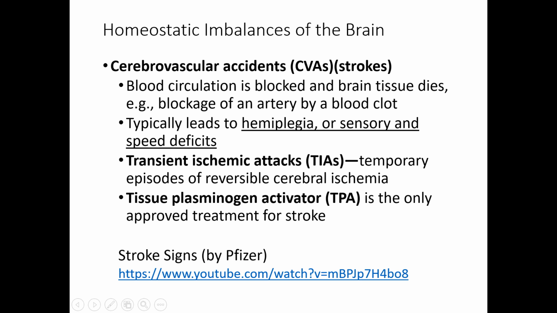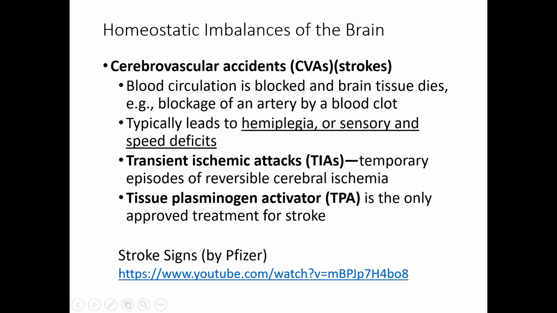But person who once had TIA, they are in a high danger of having a real huge stroke sometime in future. There is only one treatment of stroke known for now, and it's TPA, or tissue plasminogen activator.